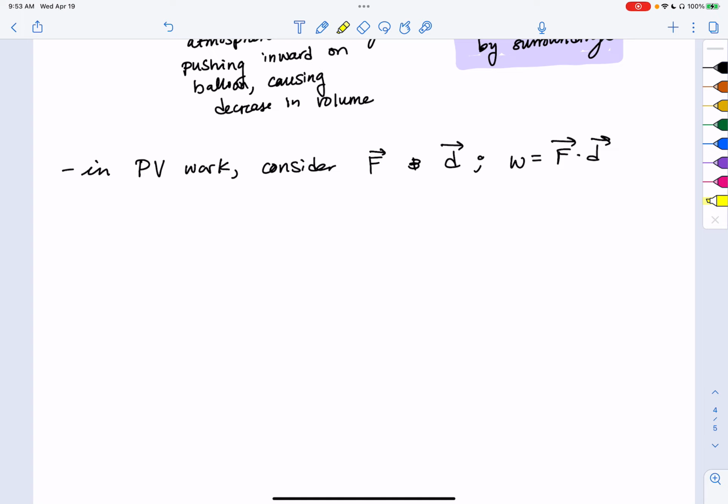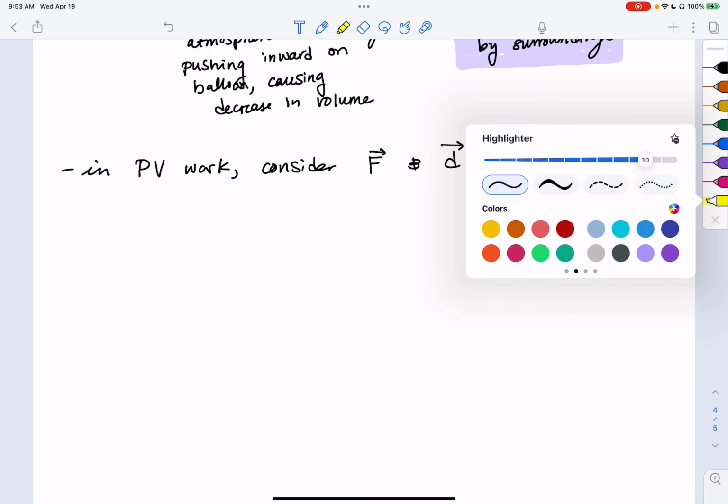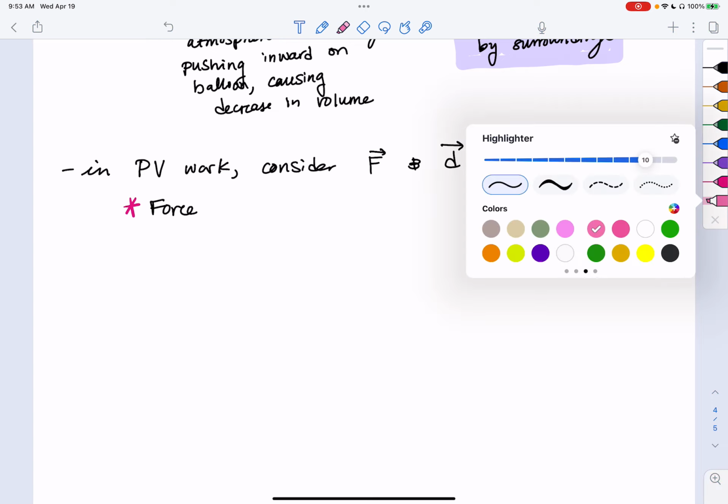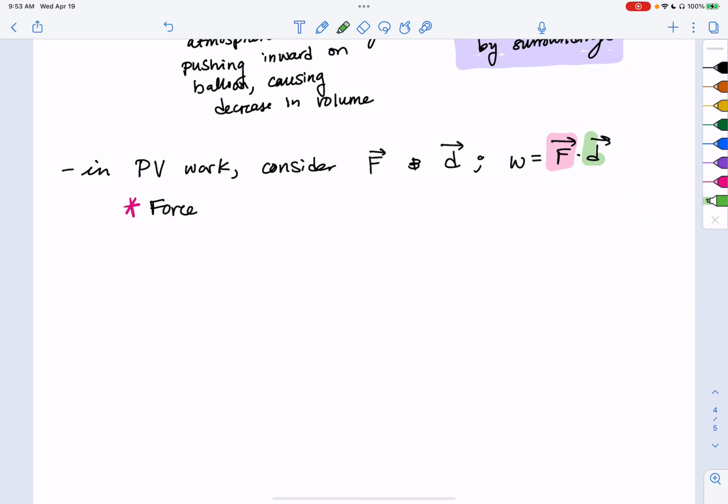All right, so let's think about force. And then let's think about displacement.